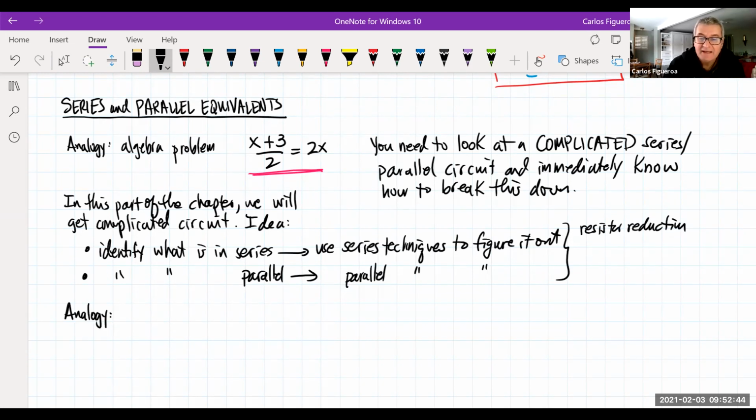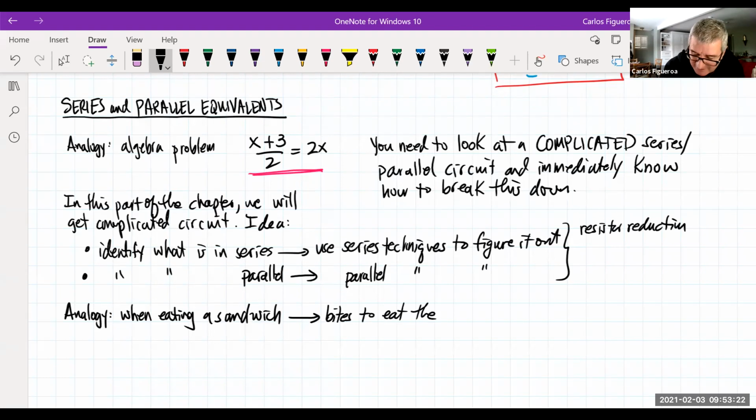When you eat a sandwich, do you take the whole sandwich and shove it into your mouth? I'm assuming, well, if you do, I don't want to see you eat for certain. But the fact is that if you're a normal person, you probably take bites from your sandwich, right? You take bites to eat the sandwich.